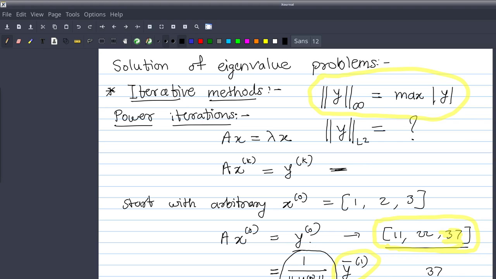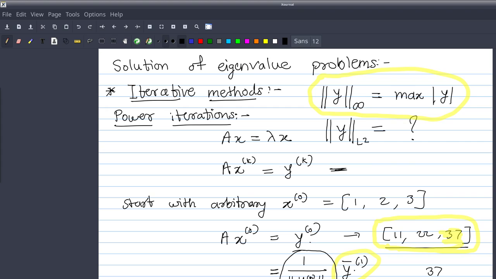y0 is equal to 1 over infinity norm into y bar 1. So this y bar 1 is something different. That is this vector divided by 37, I mean each element of this vector divided by 37. So this is our new vector. That will be used again. So that means we are getting 11 by 37, 22 by 37 and so on, that is y1 bar.